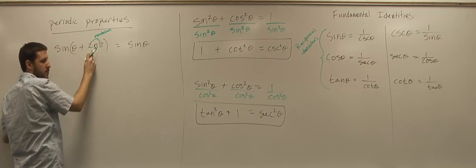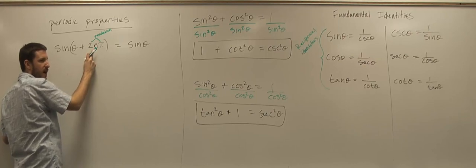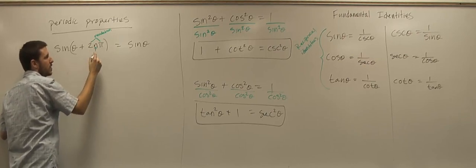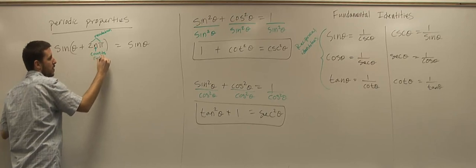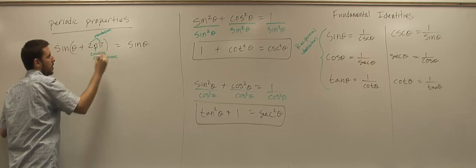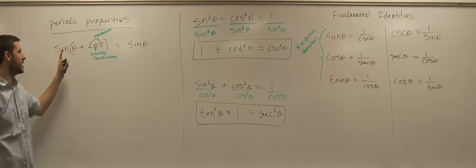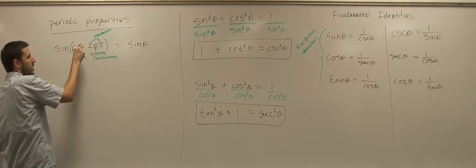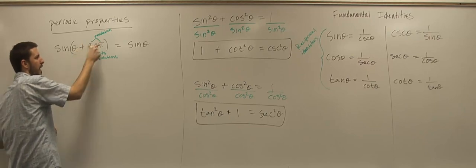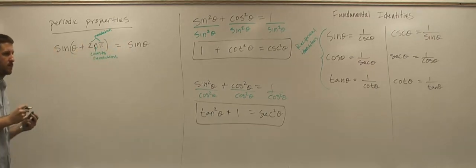If n is 1, 1 revolution. If n is 2, 2 revolutions. If n is 5, 5 revolutions. So let's just take n equal to 1. Whether you do sine of theta plus 2 pi or sine of theta, it's the same thing.